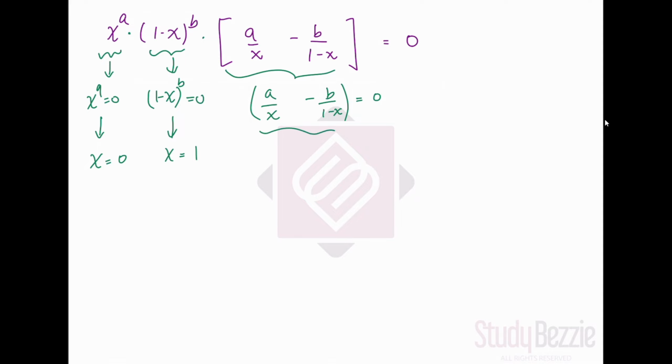Good, let's go. So when you have a over x minus b over 1 minus x equals 0, first thing you want to do is have x in the numerator, so you'll move this over there. And what I can do is take the reciprocal of both sides. So this could be written as x over a equals 1 minus x over b.